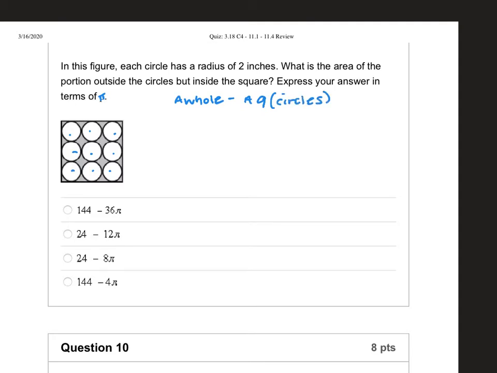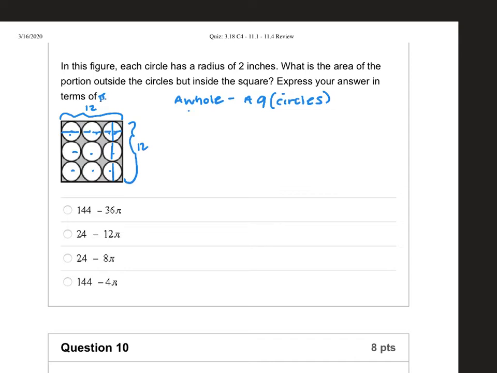So if the radius is 2, that's 2, 4, 6, 8, 10, 12. That means this entire side is 12, and the same thing will happen that way. Each of those diameters would be 4, and this would also be 12.